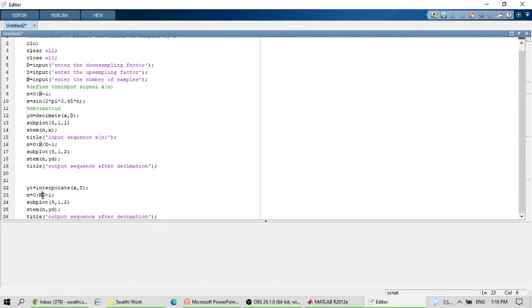Then what you have to give here? 0 to n into I minus 1. For example, 100. So 100 into 2, nothing but 200 minus 1. So 0 to 199. Totally how many samples? Previously only 100 samples, the actual signal. After interpolating, how many samples am I going to get? 200 samples. It means the number of samples has been increased.